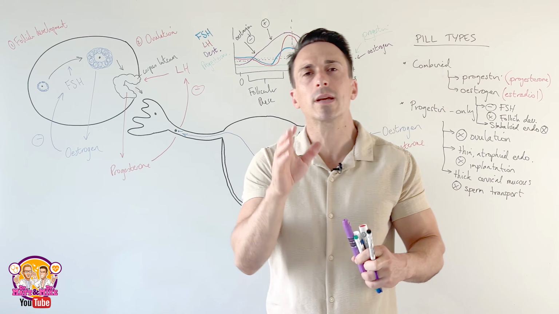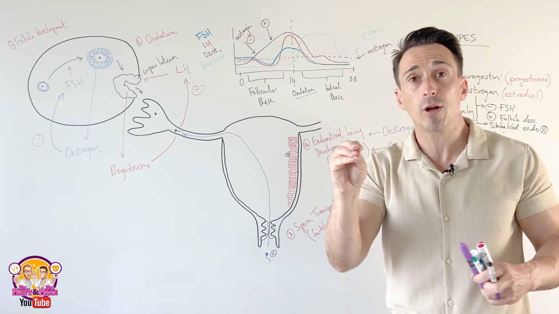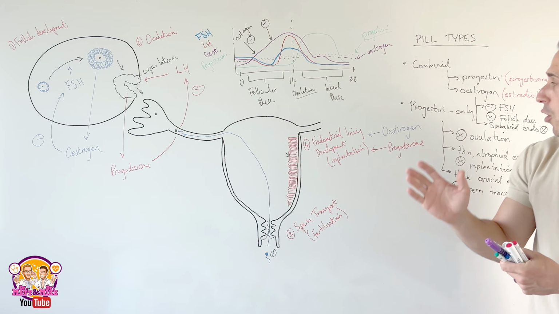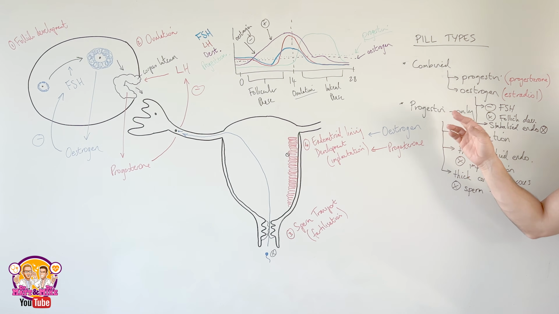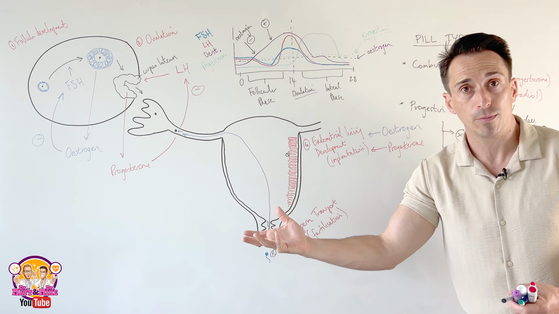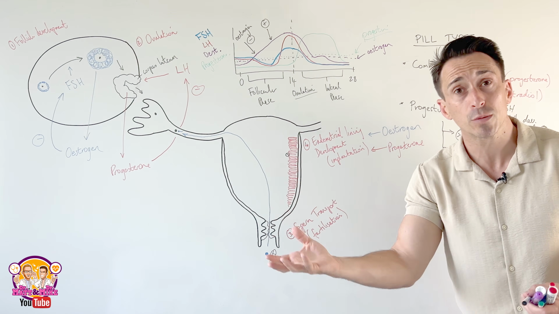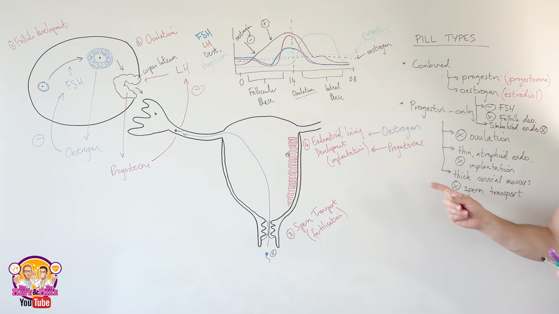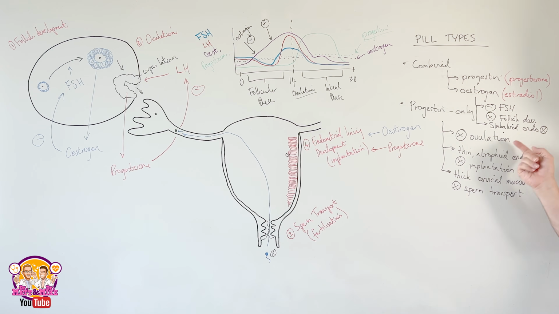And this is important when it comes to something called spotting or bleed breakthrough, right? Because when some people are on the progesterone only pill, what you can get is a bleed breakthrough, meaning they sometimes bleed or spot during being on the pill. And the reason why is because estrogen, what's its job? Is to stabilize the endometrium.